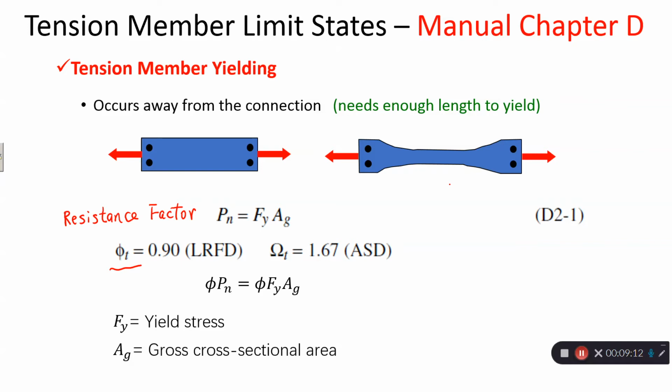So you get the warning and you know that the yield failure is going to occur, then engineers will replace the member with a stronger one, with a bigger AG, right? And then collapse will be prevented.